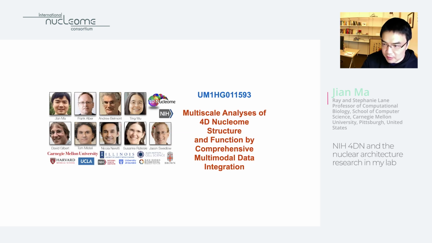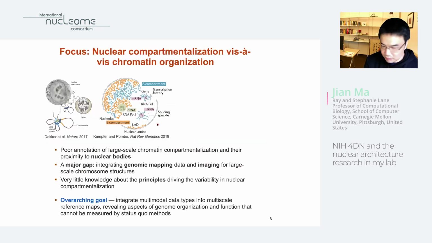I'll briefly mention what we are doing in this center. As you all know, genomic mapping has produced detailed characterizations of sub-megabase scale chromatin interactions, for instance TADs and loops within the cell nucleus. And based on Hi-C analysis, we know that large-scale chromosomes are spatially organized largely into active and inactive A and B compartments.